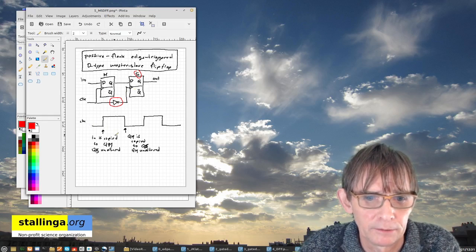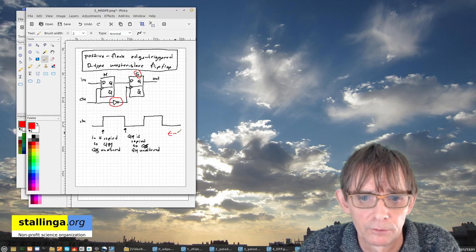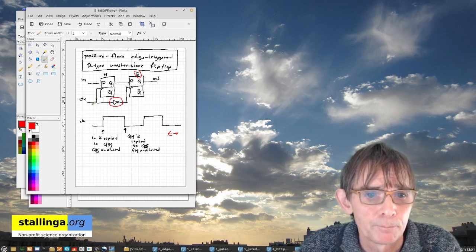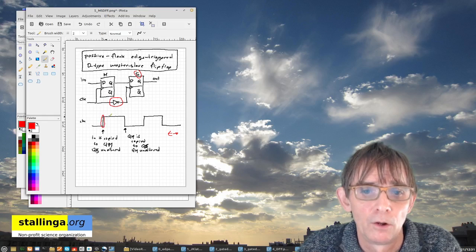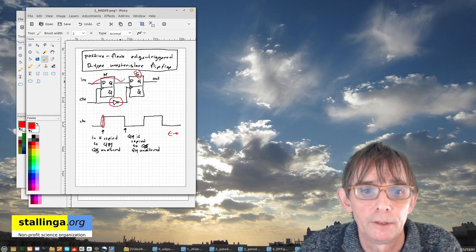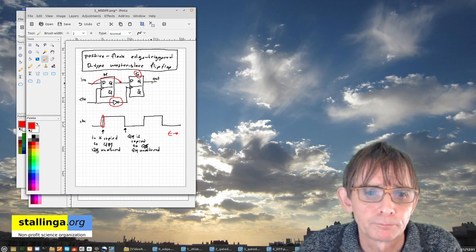So in this schematic, a time diagram, we have time on the horizontal axis, and on the vertical axis we have the clock voltage. On the rising flank of the clock, the input signal is copied to the intermediate stage, the Q of M, and the slave is deactivated, so nothing is copied to the output.